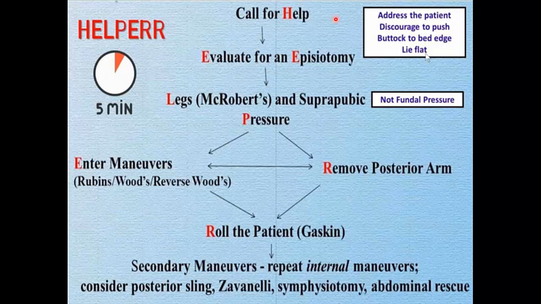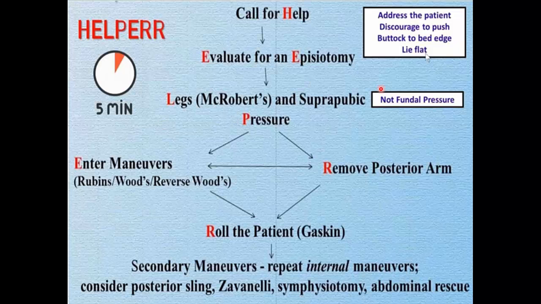And then you need one assistant for documentation and one assistant to help you, because you should document everything, every maneuver and the duration of the maneuver, whether it failed or succeeded. This is very important.